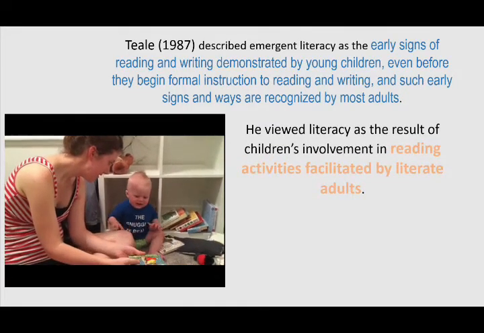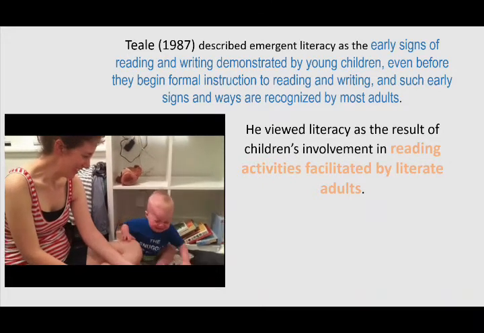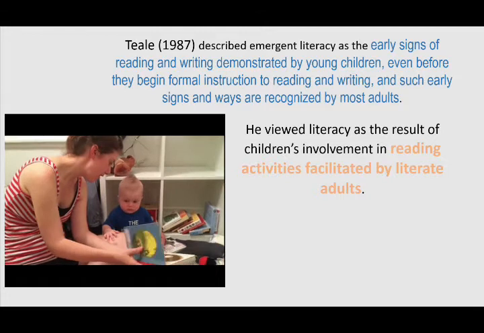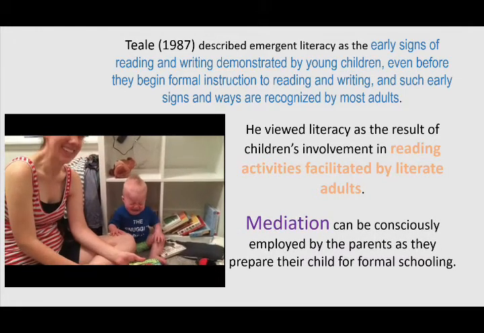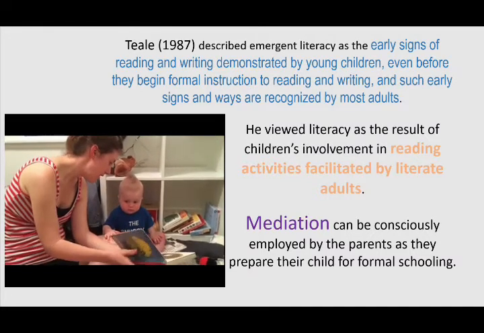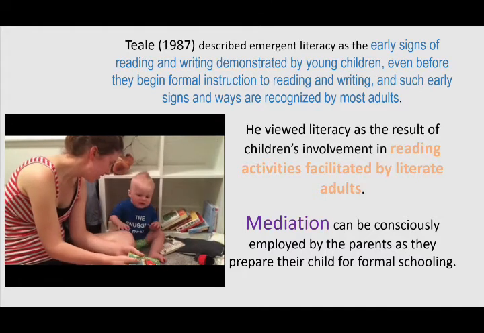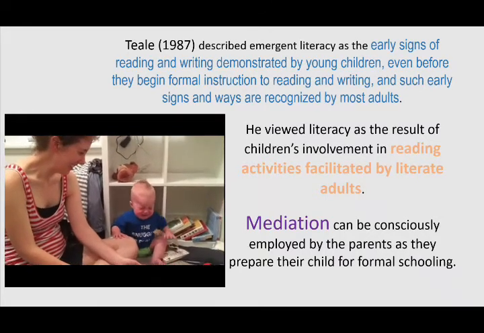So, he viewed literacy as the result of children's involvement in reading activities facilitated by literate adults. Alright, so, itong facilitation na ito, class, no? In other words, this is mediation. So, this can be consciously employed by the parents as they prepare their child for formal schooling.